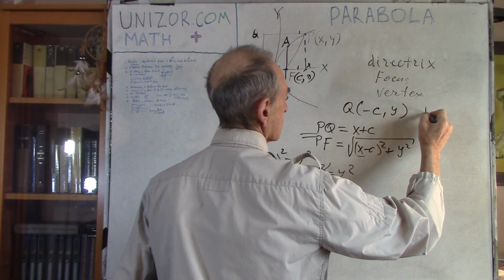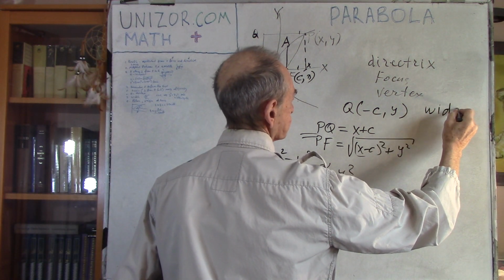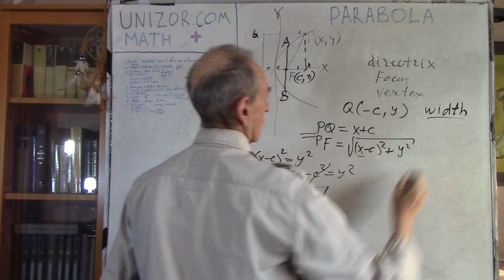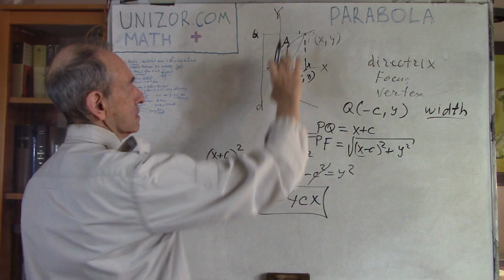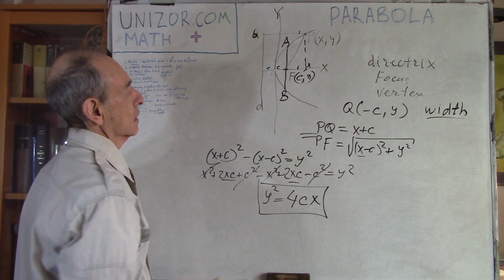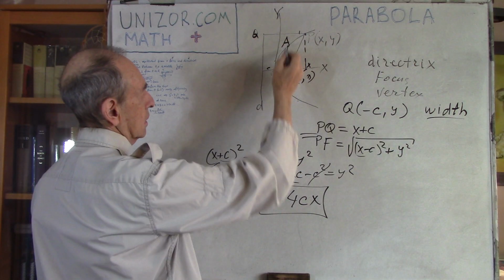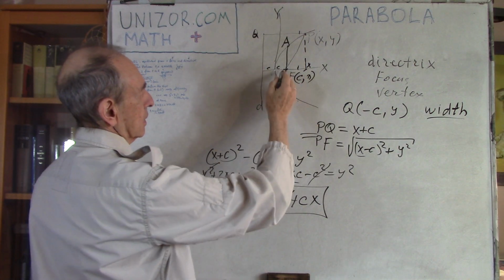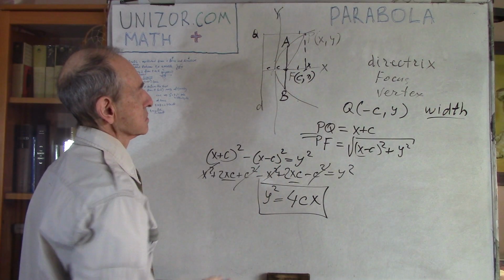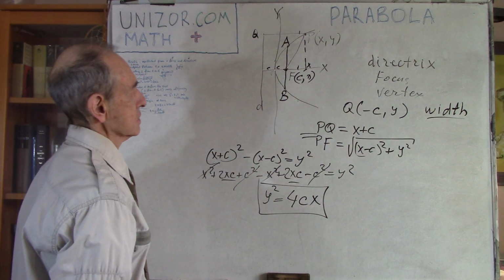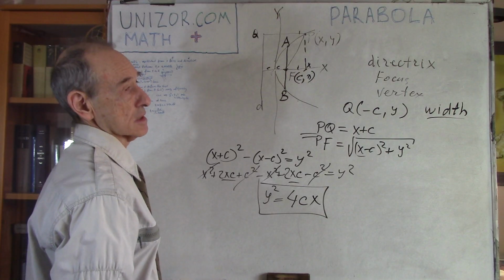So AB is called the width of the parabola. This is the distance between the points which you obtain by cutting the parabola at the focus by the line parallel to the directrix. So what's the distance?